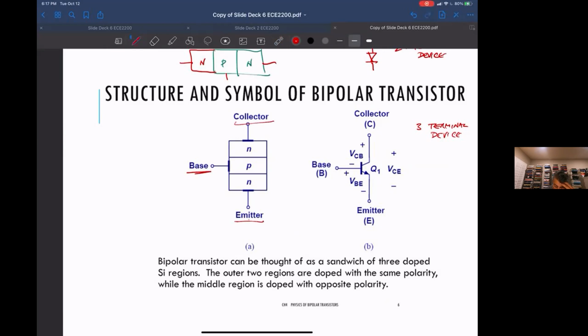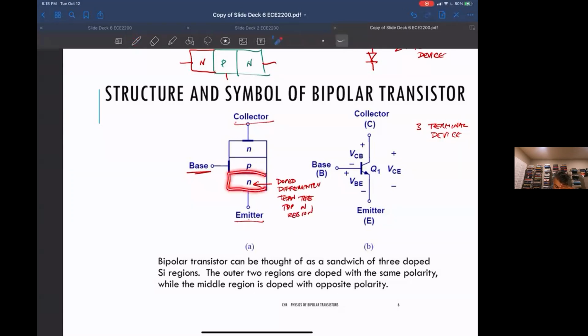Now, a bipolar transistor is not symmetric, meaning this N region is doped differently than the top N region. You'll see in a few minutes why that's the case.